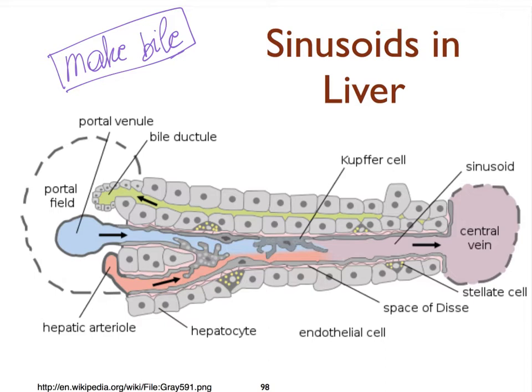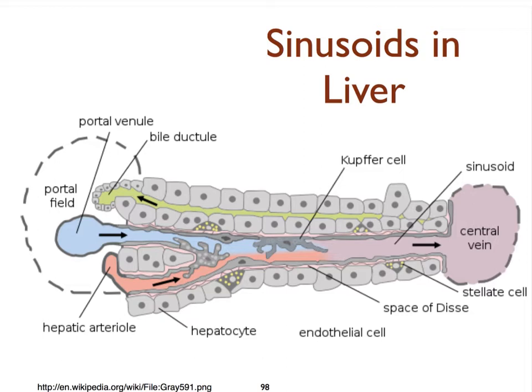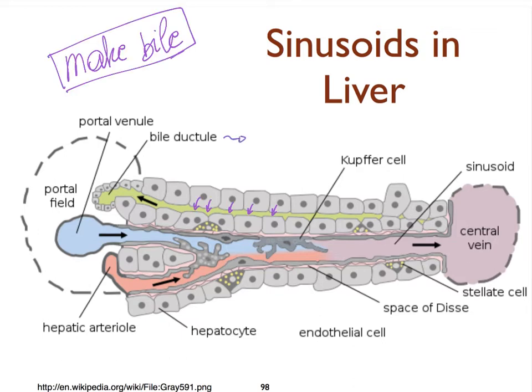So these hepatocytes are responsible for making the bile, which we see illustrated here in the green, and consequently the direction of the bile will be towards our little bile duct, which eventually is going to become the common hepatic duct. So ultimately, all the little bile ductules merge to form bigger hepatic ducts and ultimately the common hepatic duct.